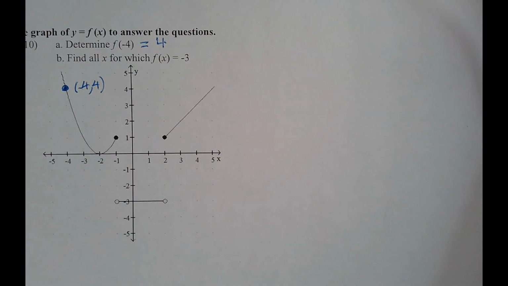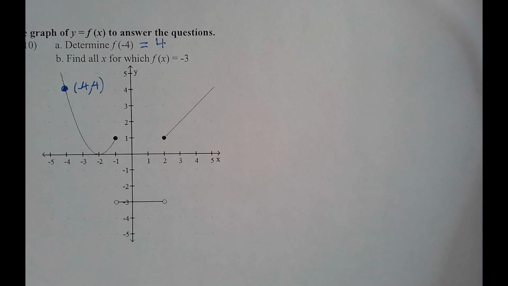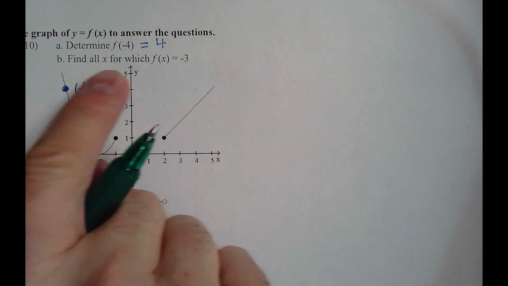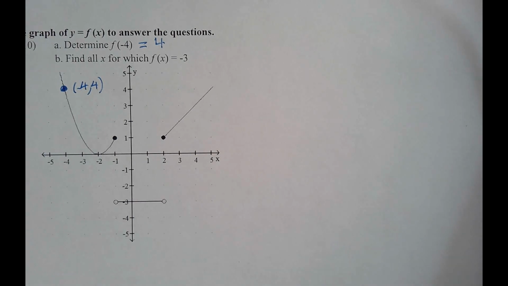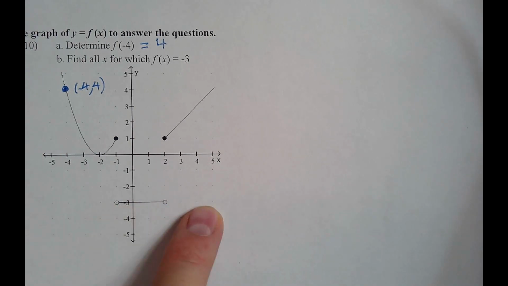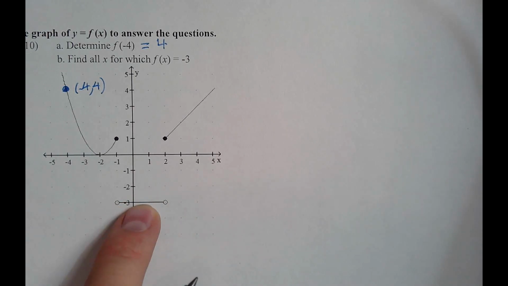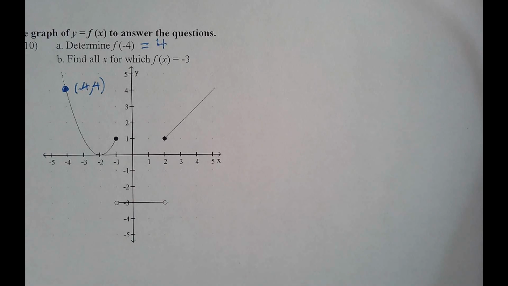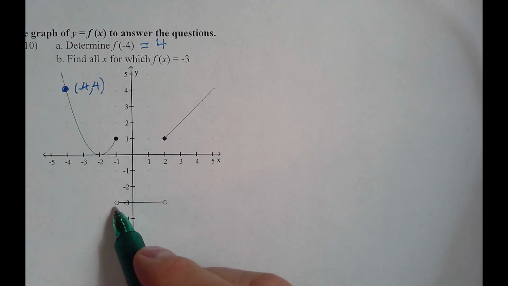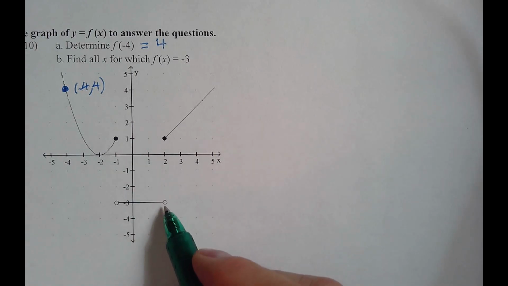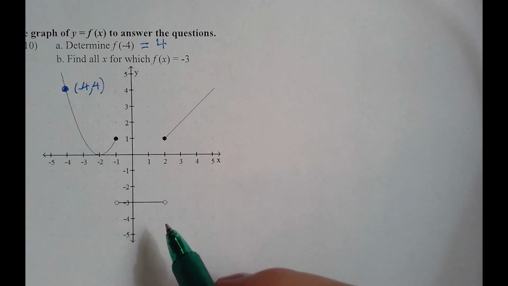Okay. I want to find all x values for which f of x equals negative 3. Oh, that's down here. This is like when y equals negative 3. What are my x values? Well, we start at negative 1, not including negative 1. We end at 2, not including 2.